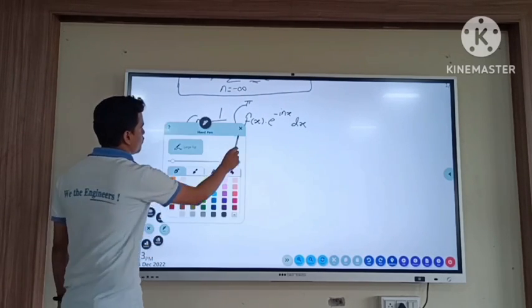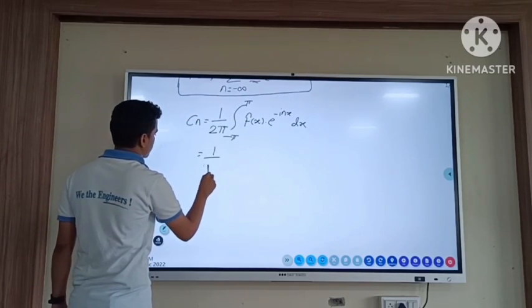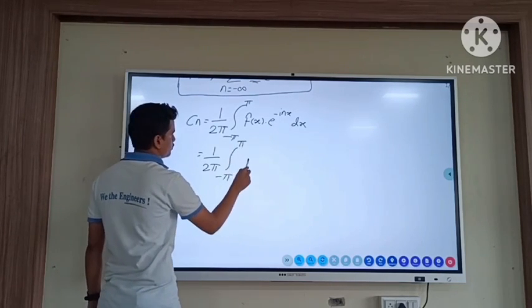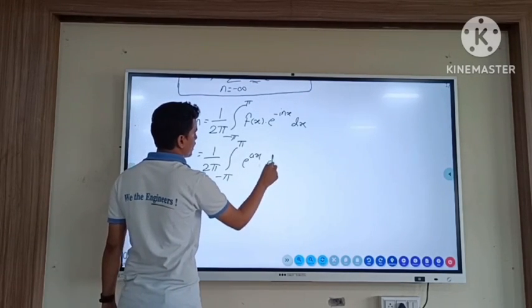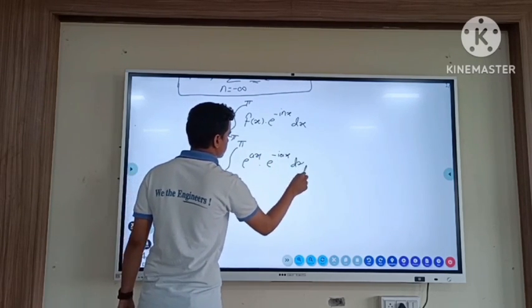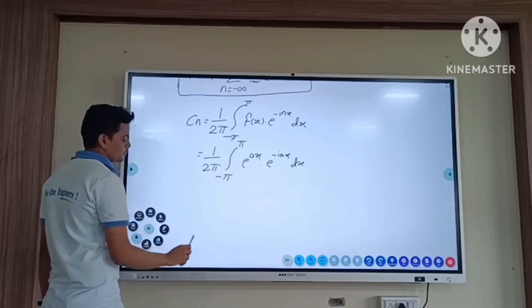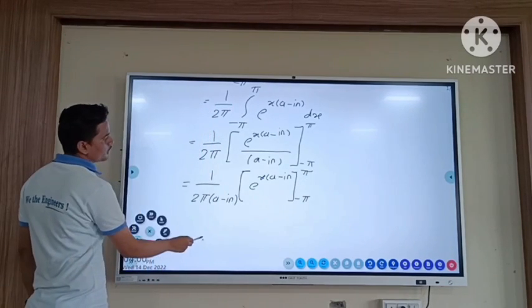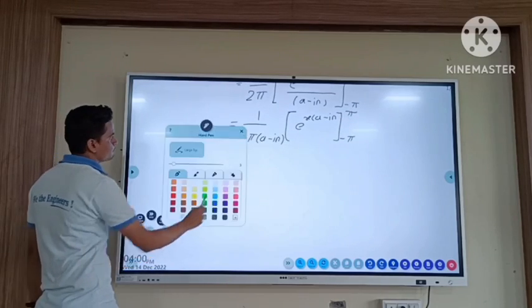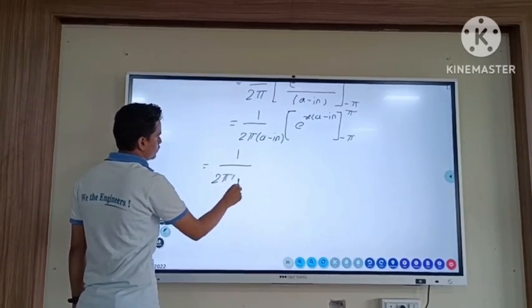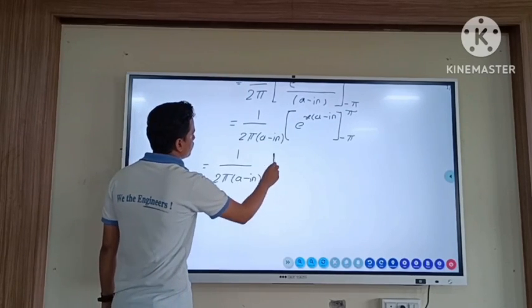So our Cn is 1 upon 2 pi integration minus pi to pi e raised to ax into e raised to minus i n x dx. The limit is minus pi to pi. Then we put the limit: 1 upon 2 pi into a minus in.